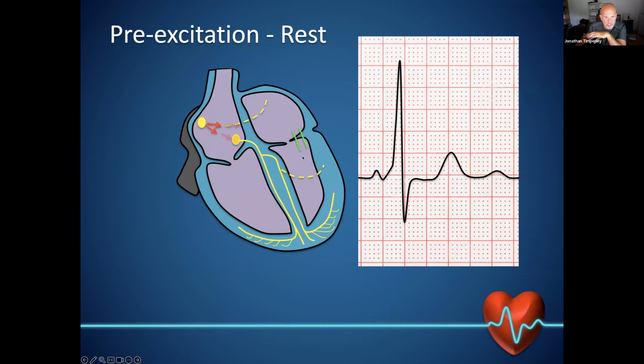The rest of the electrical supply goes down the AV node and uses the His-Purkinje system, which tends to be quicker than those using the accessory pathway. So that takes over, which is why we end up with a QRS that looks roughly like that which we had started with, before the accessory pathway.